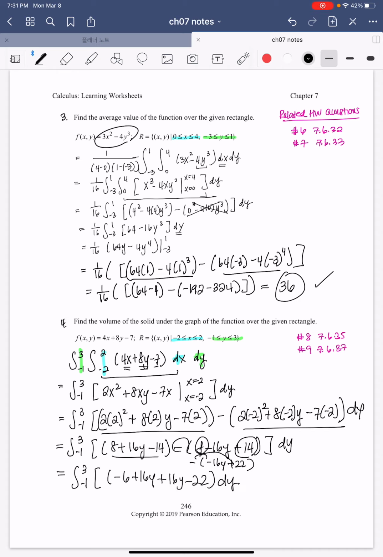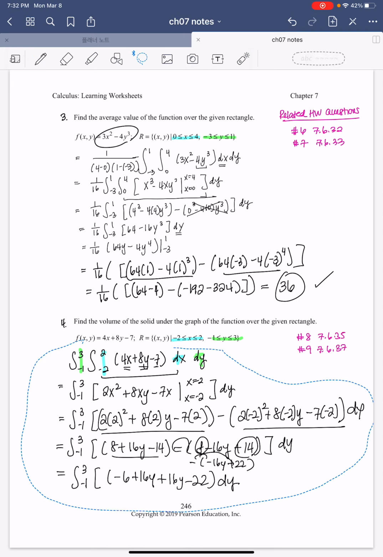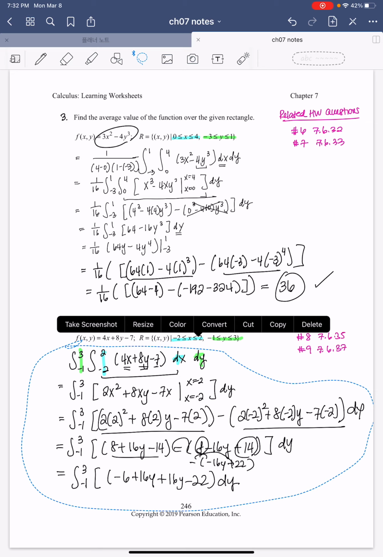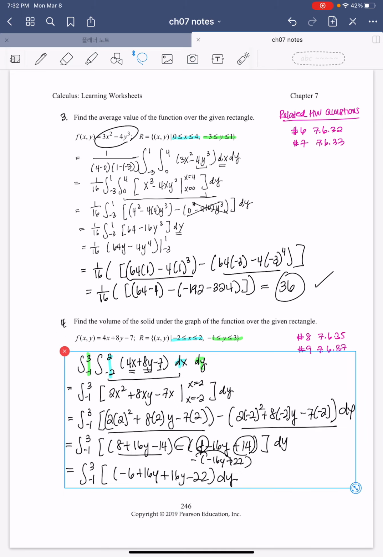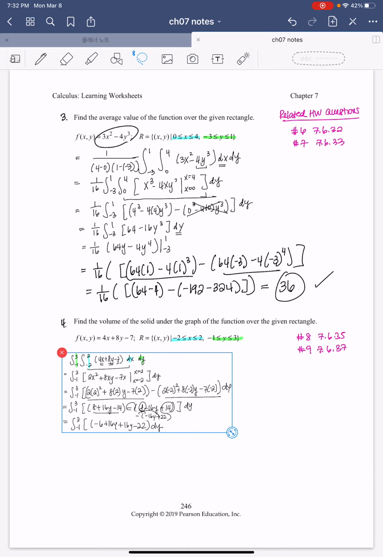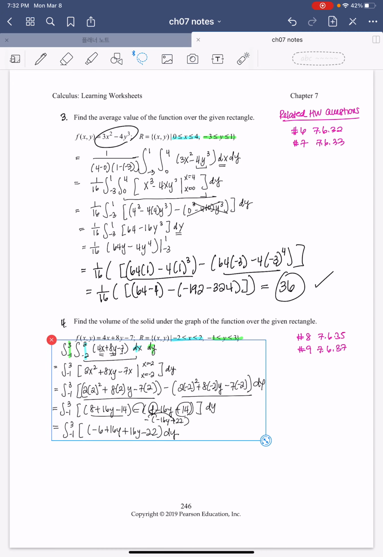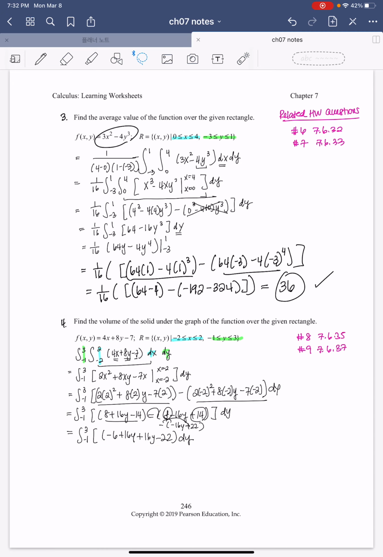Okay, you can even simplify further, so let's do that. But let me resize this a little bit. -1 to 3.